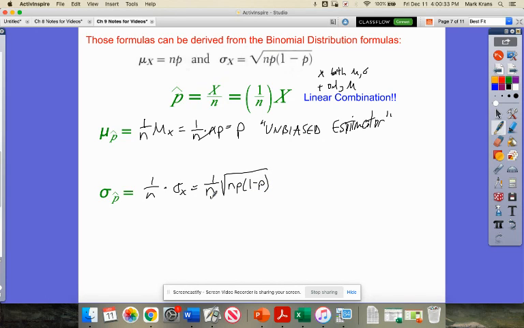Now, if I want to insert this into the square root, I would square it. So I end up with the square root of np(1 minus p) over n squared. Then if I reduce these n's, we end up with the square root of p times (1 minus p), or q, over n. And that's my formula for sigma of my p hats.